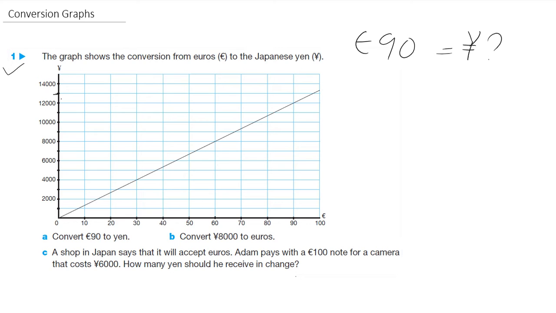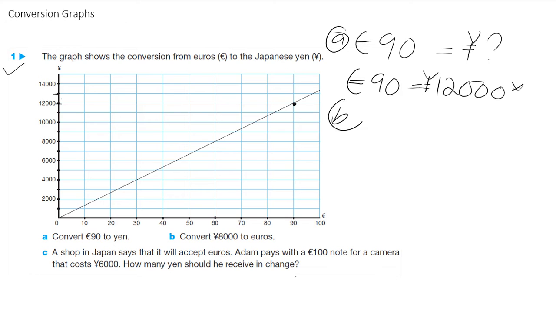So here's our 90 euros and it exactly matches 12,000 yen. You can simply write that it's equal to 12,000 yen. Okay, let's move on towards part B. Convert 8,000 yen to euros.